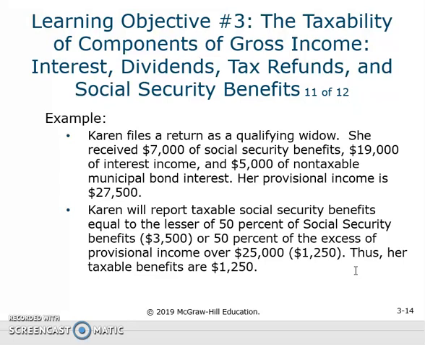Her provisional income was $27,500, so the excess is $2,500, and half of $2,500 would be $1,250. So her taxable Social Security benefits that she would need to report on the tax return would be $1,250.